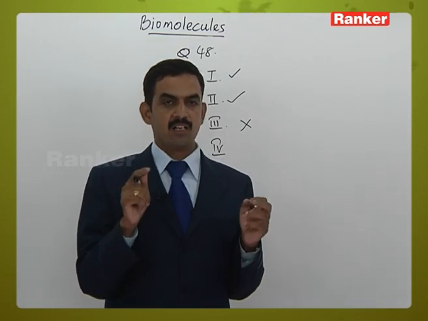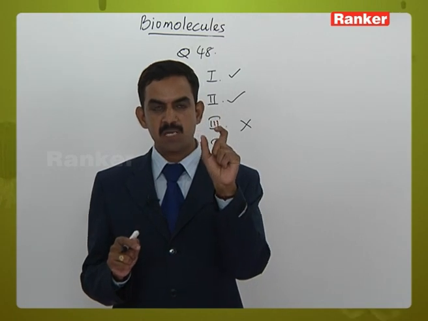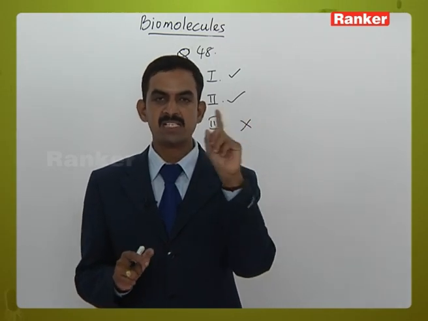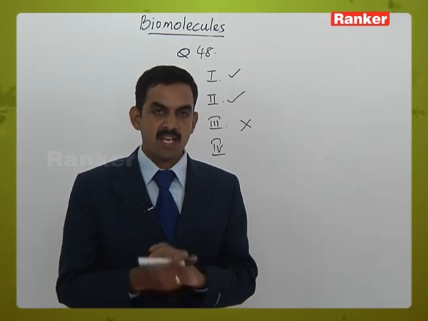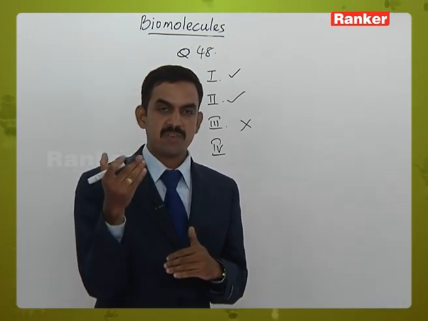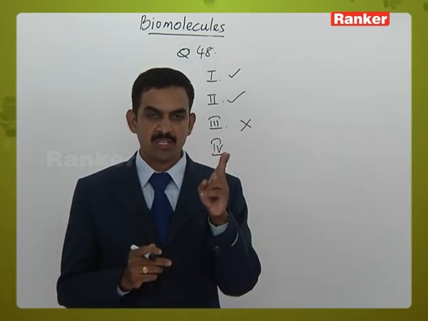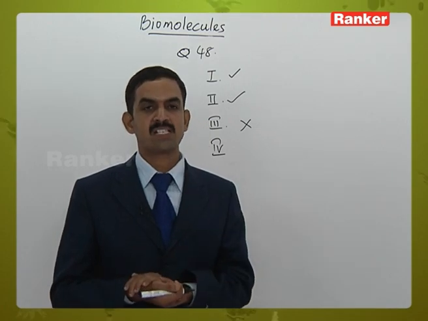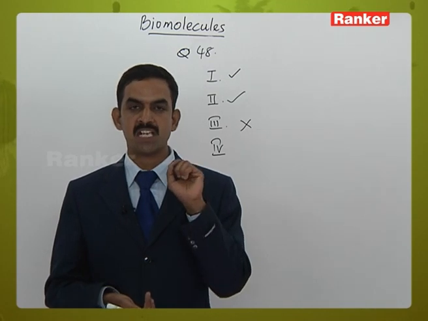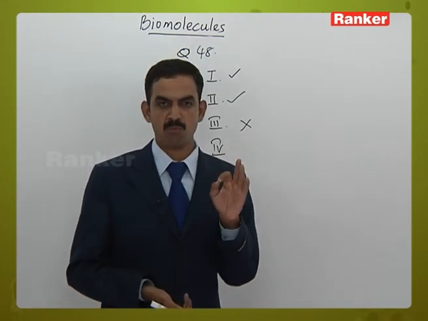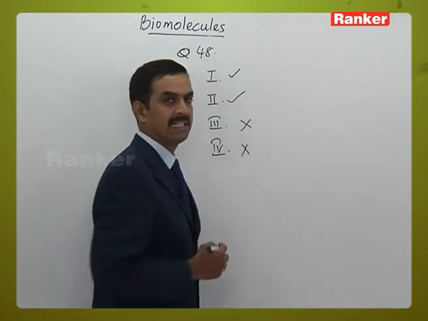And in that formation, the bond which is present between 5th carbon and the phosphate is one ester bond, and one more that is present between the 3rd carbon and the phosphate is also one ester bond. So one pentose sugar is having 2 bonds, so we call it a phosphodiester bond. So that is the bond which is present between the phosphate molecule and the sugar molecule, but not the glycosidic bond. So that means fourth one is also incorrect.